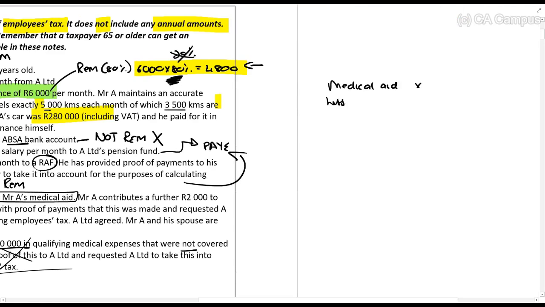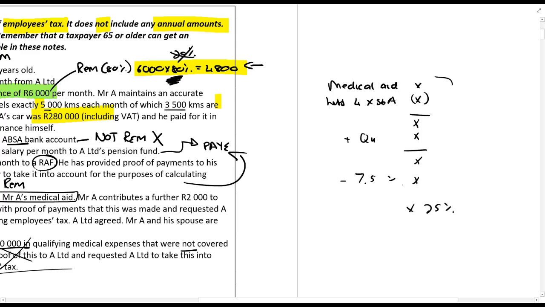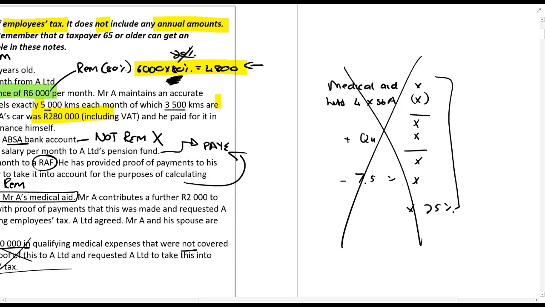Then you say less, in this case, 4 times Section 6A. Then plus qualifying medical expenses, less 7.5% of taxable income, and that amount times 25%. This the employer cannot do, because only the employee can do it, the taxpayer.